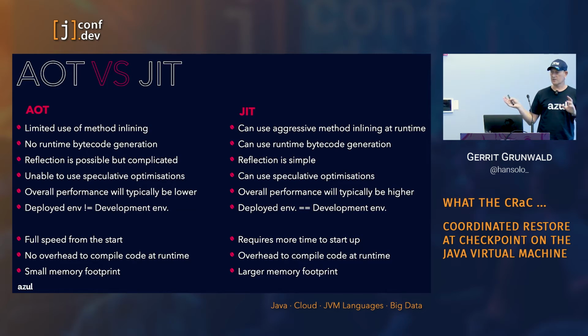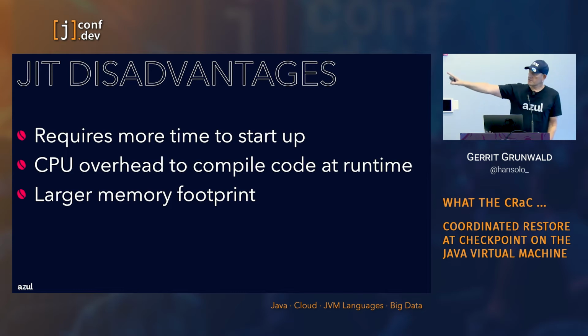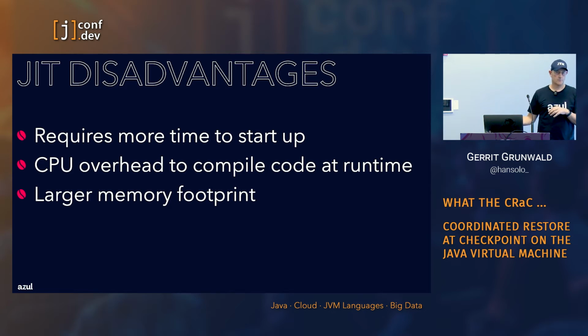Otherwise, it won't work, because you can't load stuff at runtime. It doesn't work in AOT. Okay, that means the biggest disadvantages of the JIT are that it requires more time to start up, has CPU overhead to compile code at runtime, and the memory footprint is typically larger, because we need to compile code at runtime and profile, and at the same time, we have to run the code, right? Whereas in AOT, this is all done, you just run the code. So that's the big disadvantages.